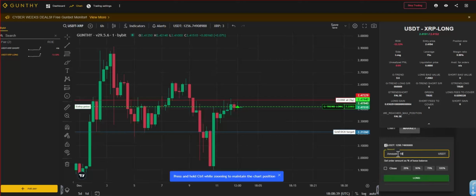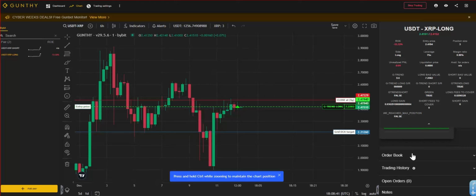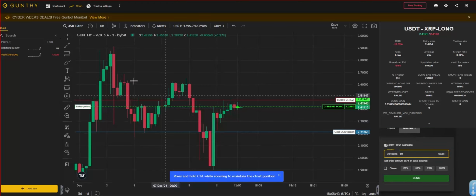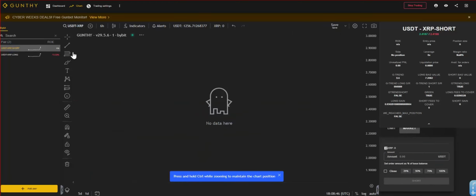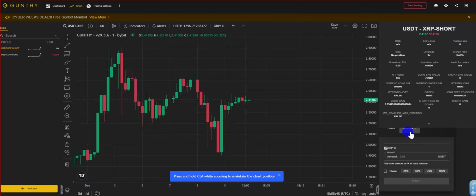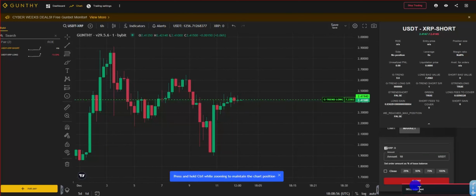When running the bot or the strategy for the first time, it is recommended that you send a buy and sell order from the trading terminal from Gunbot to make sure that you are connected correctly with the exchange and you have the right settings for your futures API settings from your exchange.